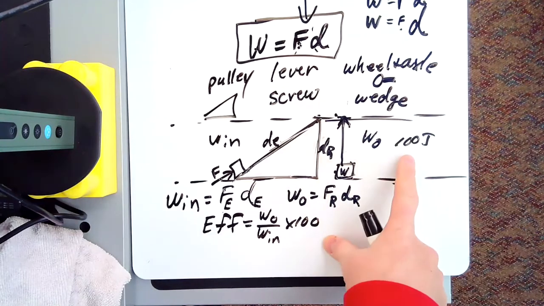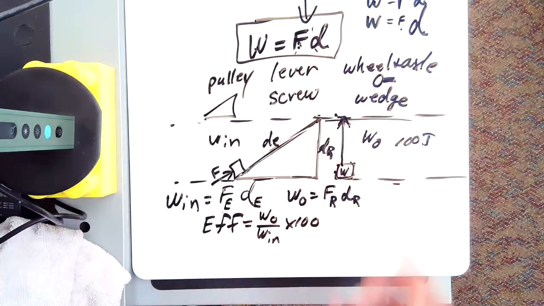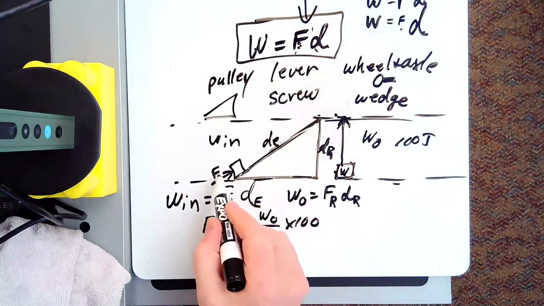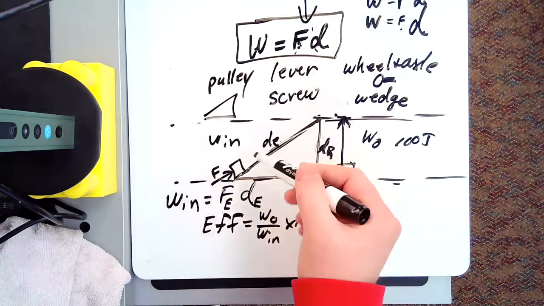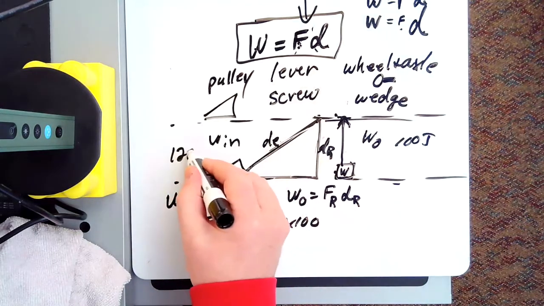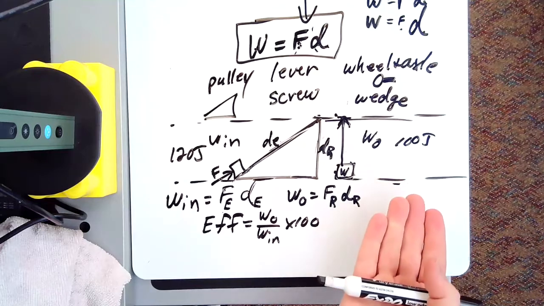That's all the amount of energy you need to lift the piano up that high. But this equation means that when I take my force times the effort distance I'm going to push it, I'm going to actually get like 120 joules or something. I'm actually going to do more work than I need to accomplish this.